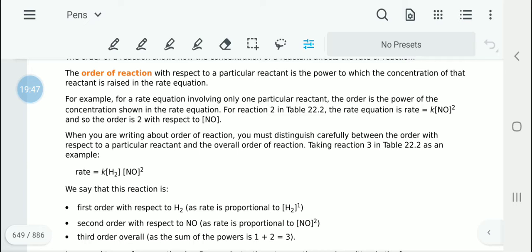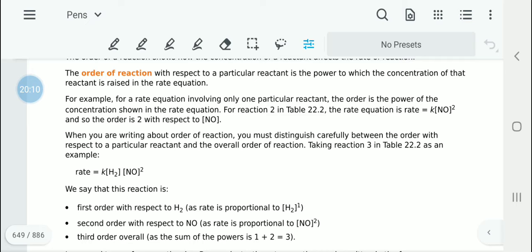If you are to find the order of the reaction, we have to distinguish between the order with respect to a particular reactant and the overall order of the reaction. They are different.